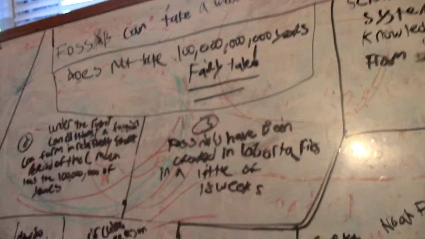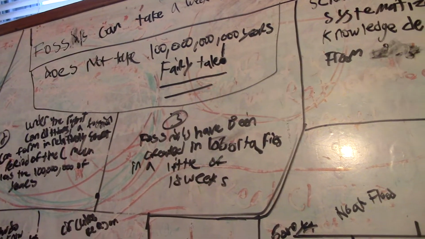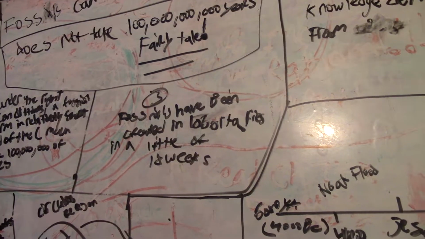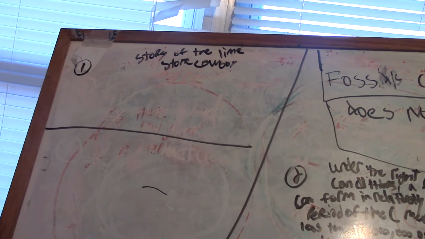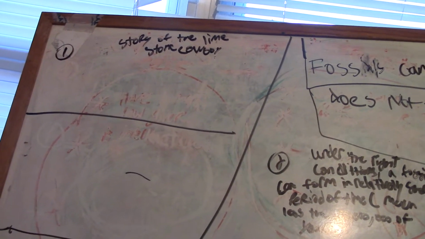Alright, fossils cannot take up to millions of years. That's a fairy tale that the textbooks tell you in evolution. See that right there? I'm gonna zoom in. You can search up the story of the limestone cowboy. It took about a decade for his foot to fossilize.